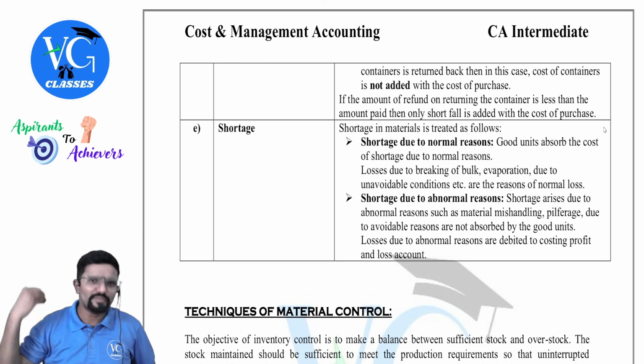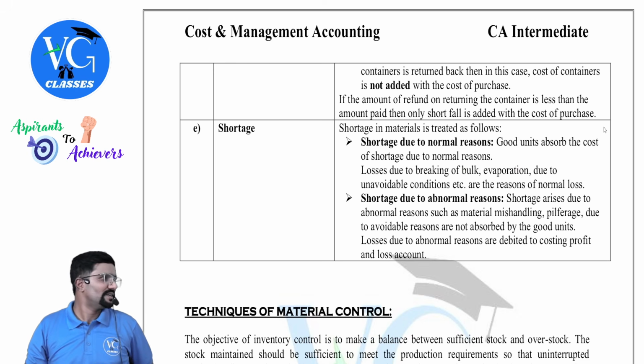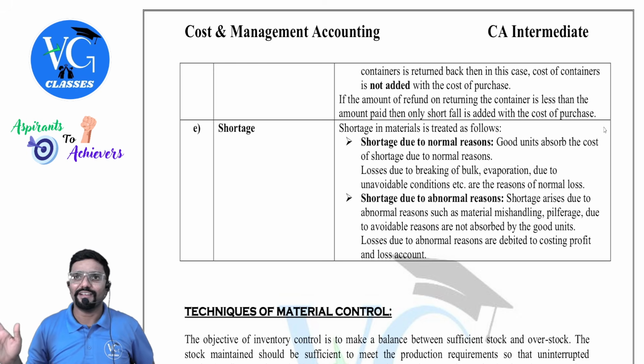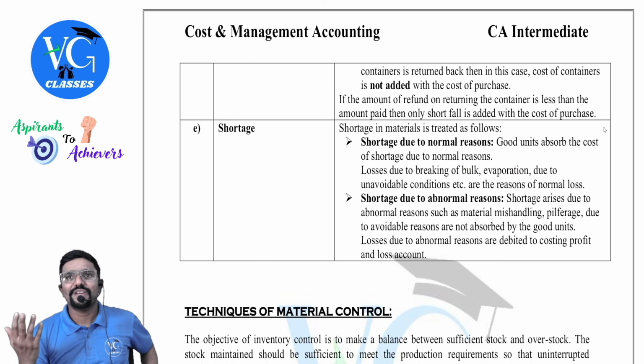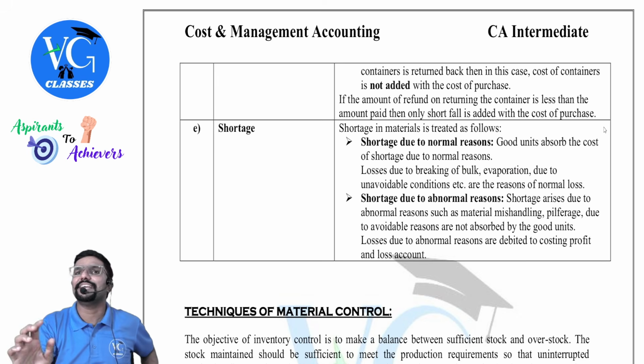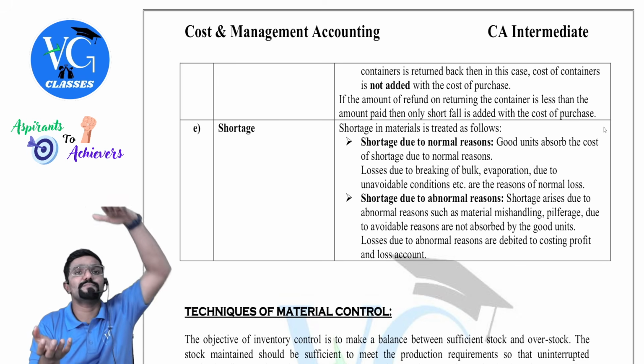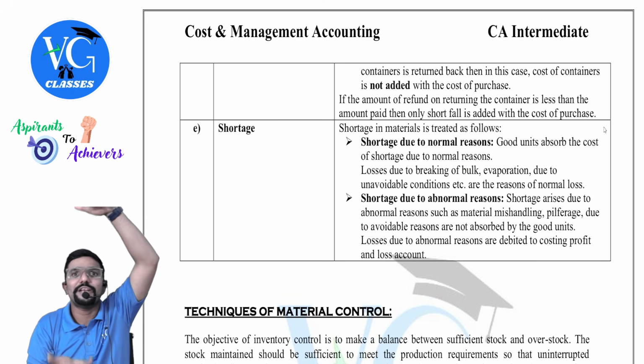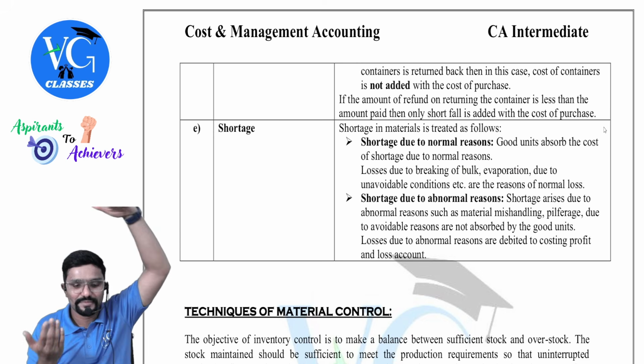No. Few liters will be lost due to evaporation, at least at the time of loading and unloading. We cannot avoid it. Even when you are handling too much bulk quantity, 1 or 2 units might be lost here and there, especially at the top or at the bottom. Clear? Yes.